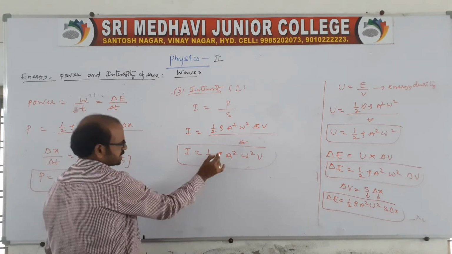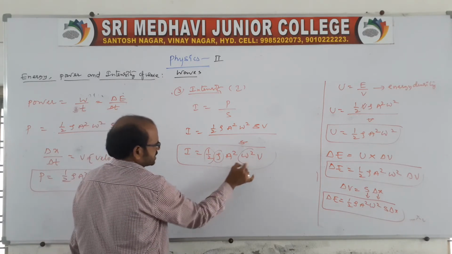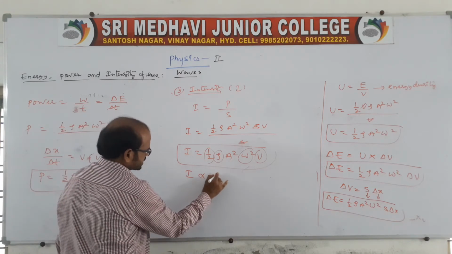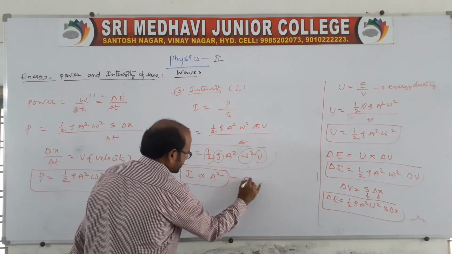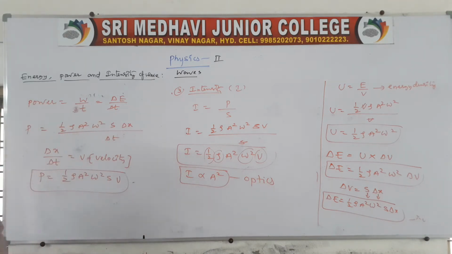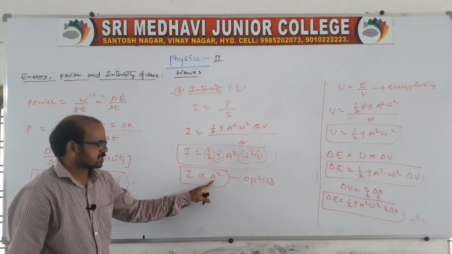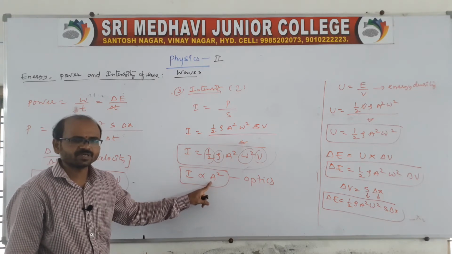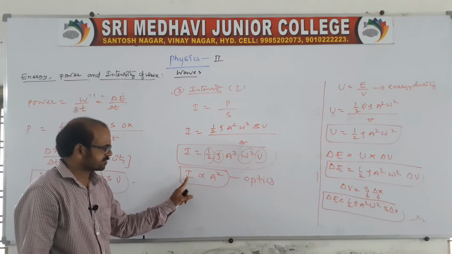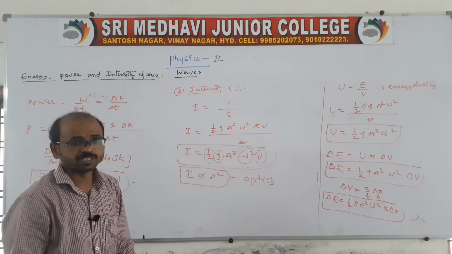Suppose in this you take half, and this is constant, therefore I is directly proportional to a square, and this is there in the optics chapter again. Intensity of the wave is directly proportional to amplitude square.